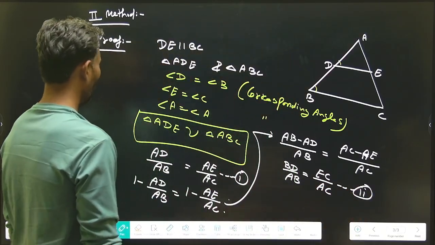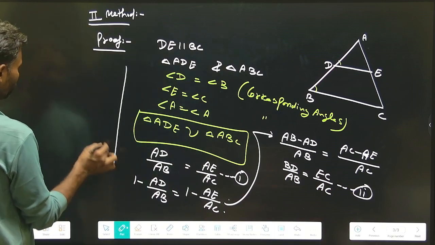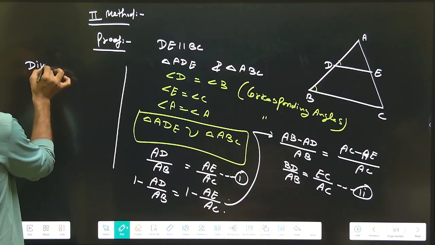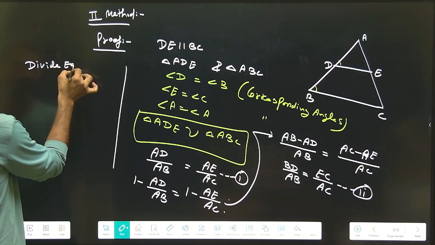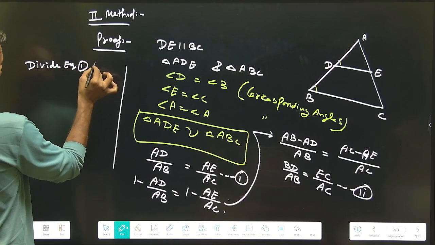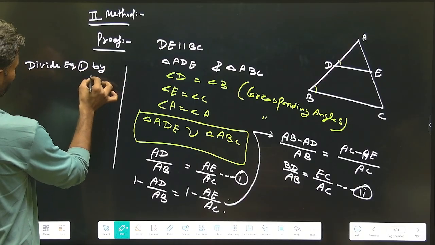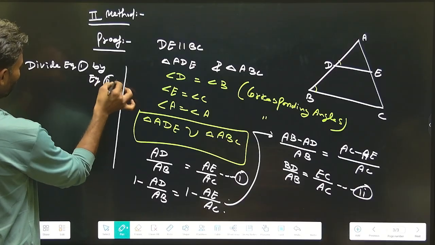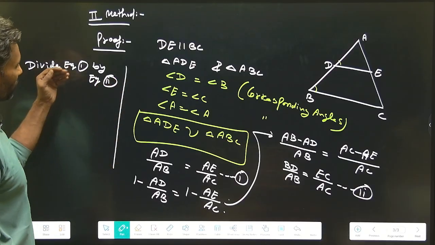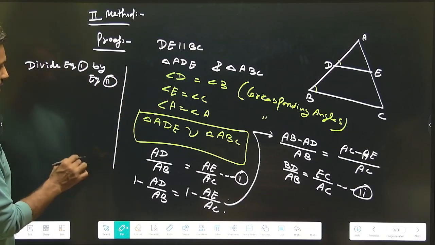Now we divide equation 1 by equation 2. So what will we get?